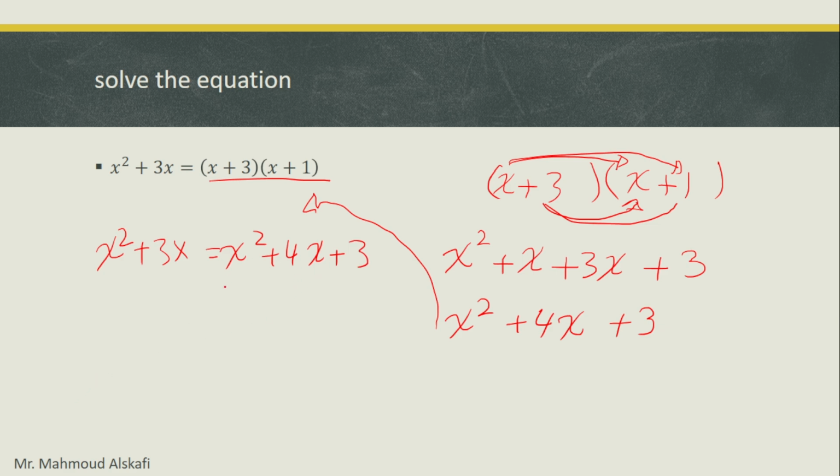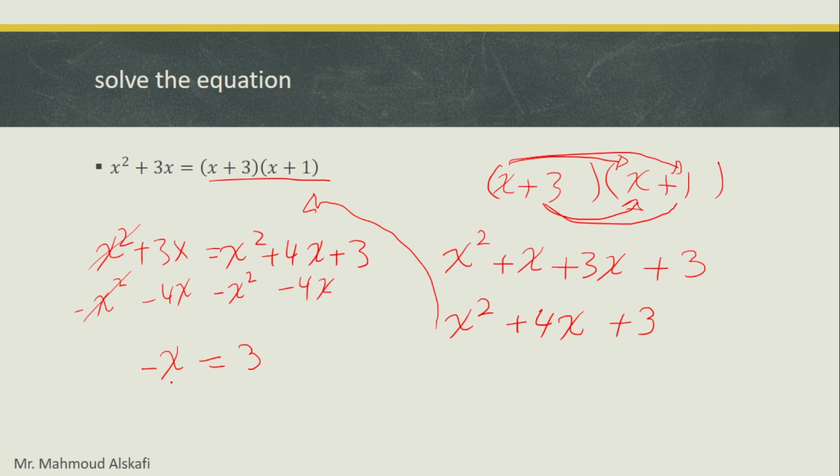Now we need to put the x terms on the same side. Minus x squared, minus x squared, minus 4x, minus 4x. x squared minus x squared is equal to 0. 3x minus 4x gives me minus x equals 3.